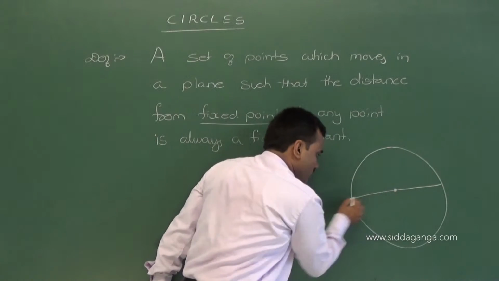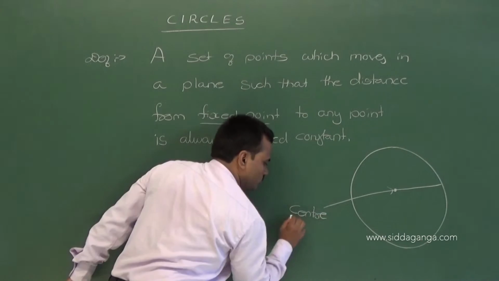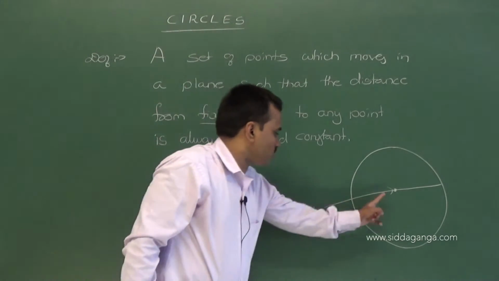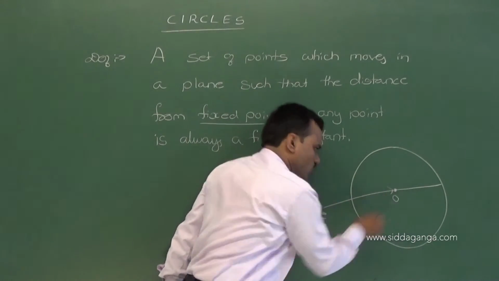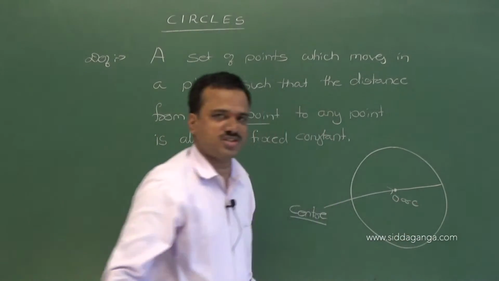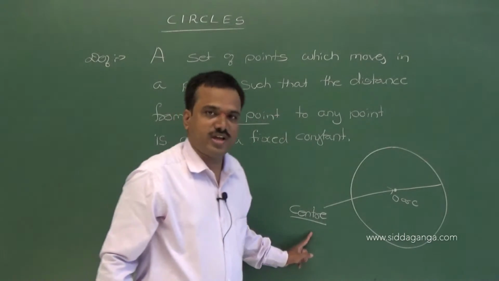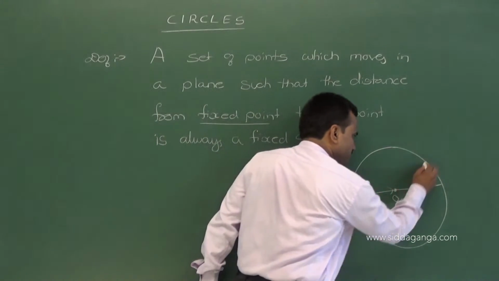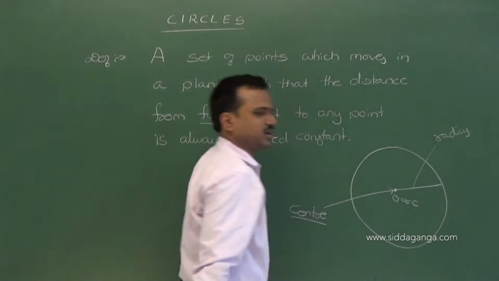The fixed point we call the center of the circle, usually denoted by O, the letter O. The fixed distance we call the radius of the circle.